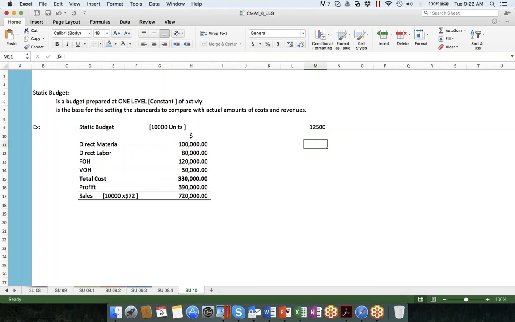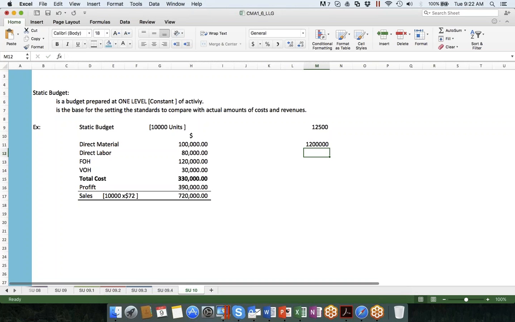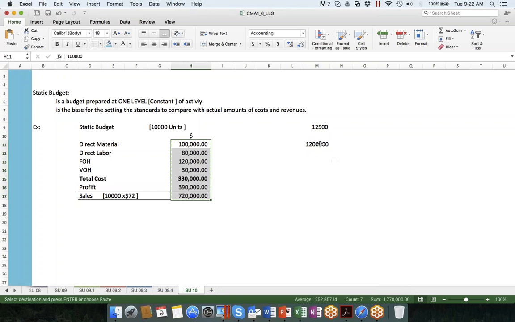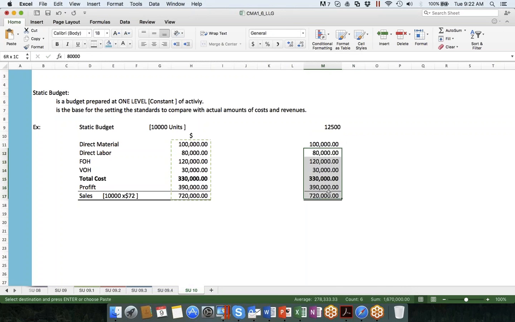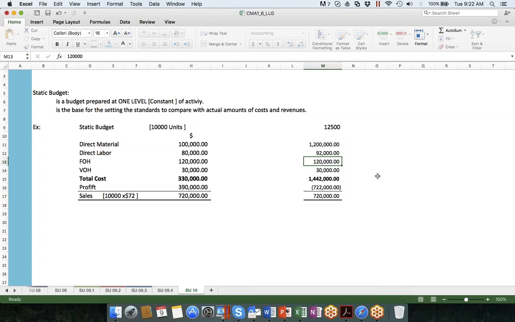Say for example, these amounts are for 12,500 units, presented like this. This is 120,000, this is 92,000, and this is 120,000, the same. Variable overheads, say, are 32,000.